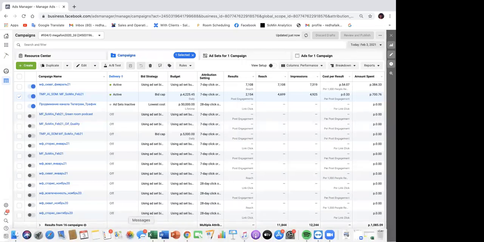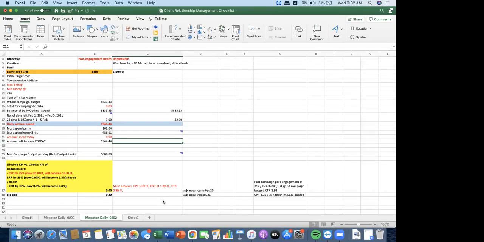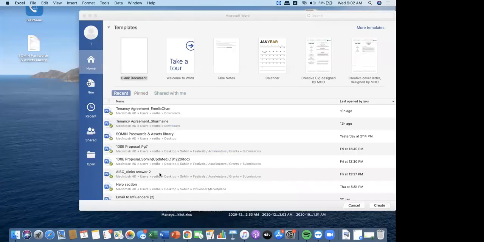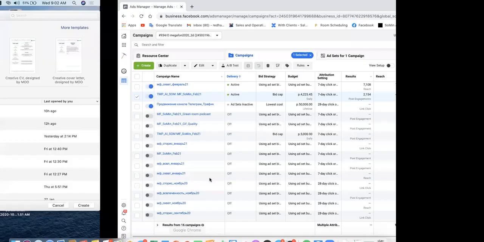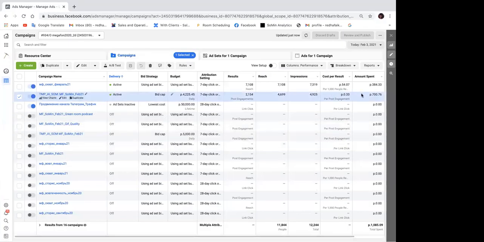It's too high, because it was about 1,000, about 2,000. So we spent almost half of our budget. So your campaign is delivering too fast or too slow? Too fast. Okay, good.